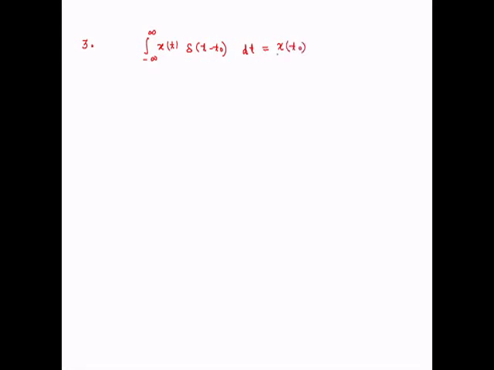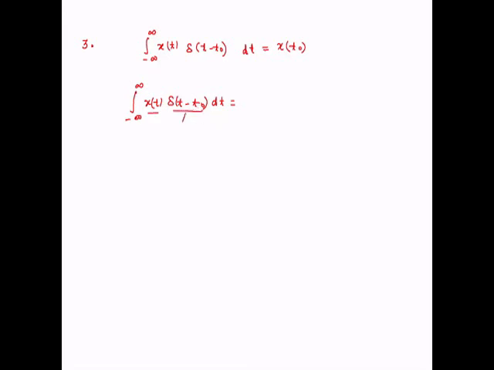Now if it is so, then we can make it like integration of minus infinity to infinity x(t) delta(t minus t naught) dt, which is again defined for the said portion.